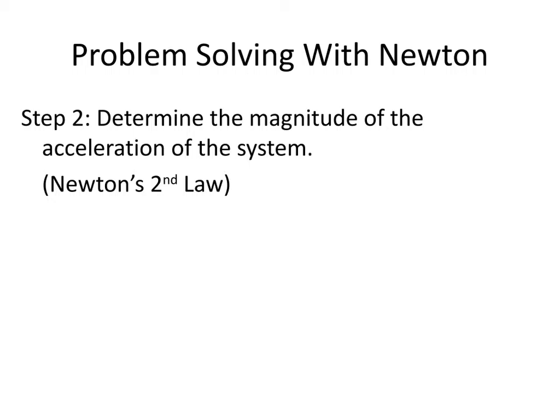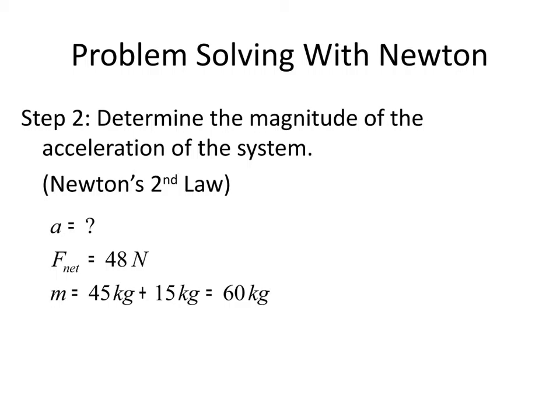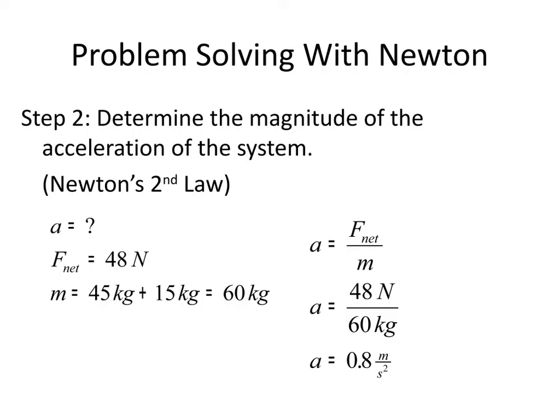Now we're going to determine the magnitude of the acceleration of the system. So we'll write down our given values and our unknown value. In this case, our unknown is the acceleration. Then we'll write our equation and solve. We have 48 newtons using the applied force, which of course becomes the net force in the horizontal or x direction because it's a frictionless surface.